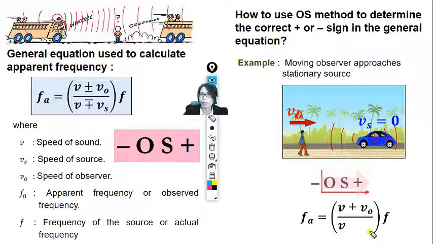So this will be the equation for this specific situation in order to calculate the apparent frequency or the observed frequency heard by the observer. Clear? On how to choose the correct sign, plus minus, from the general equation. This is how we choose. We are using the OS method.